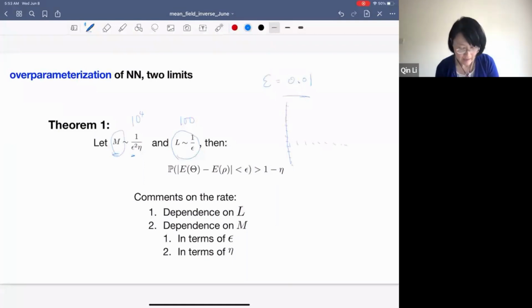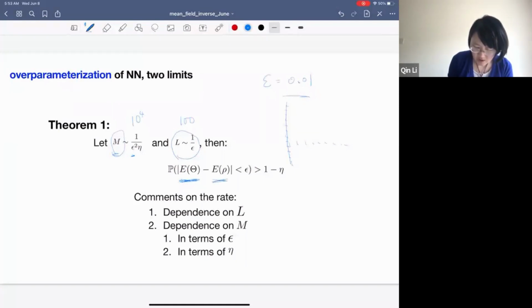If that is the case, I can claim that the loss function produced by the original neural network and the loss function produced by your limiting equation, with high confidence, are close to each other.